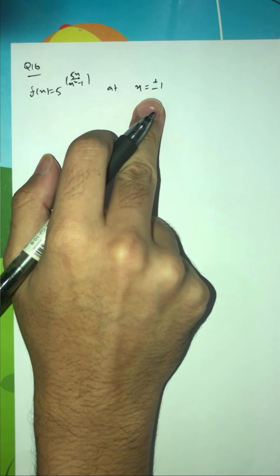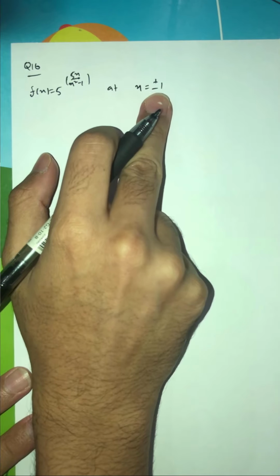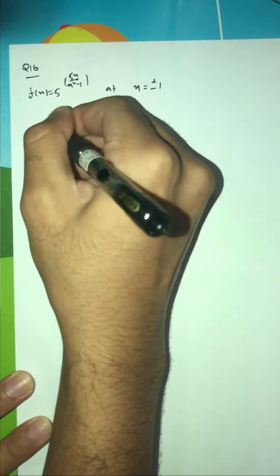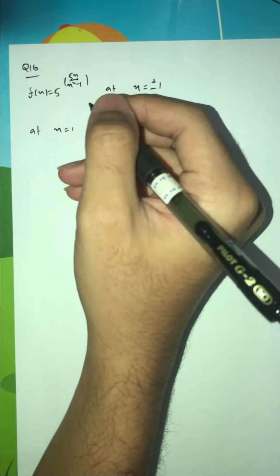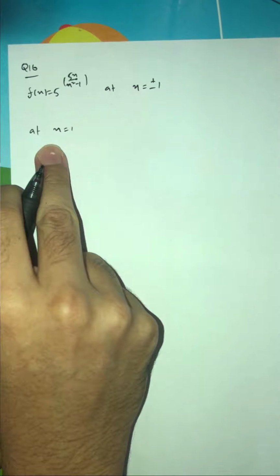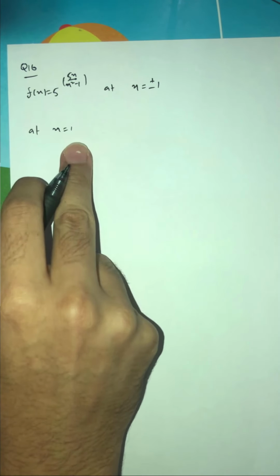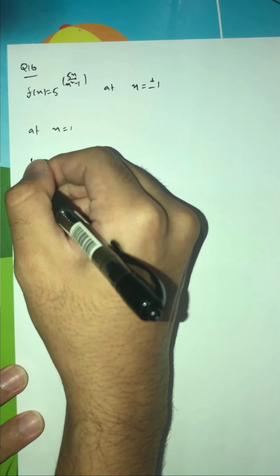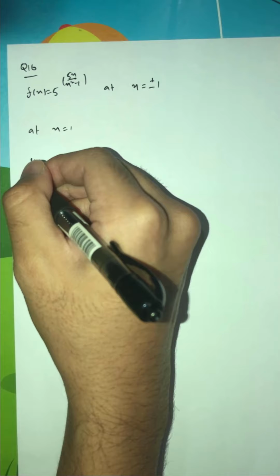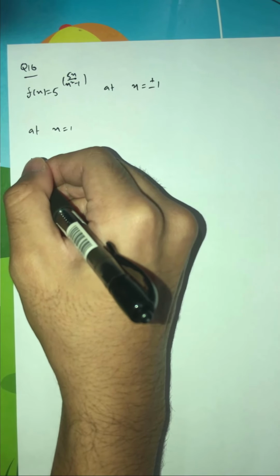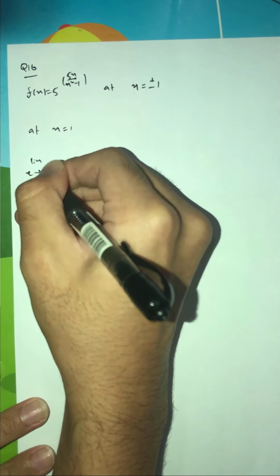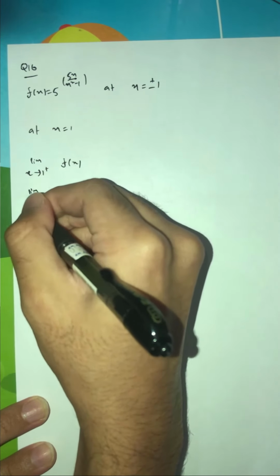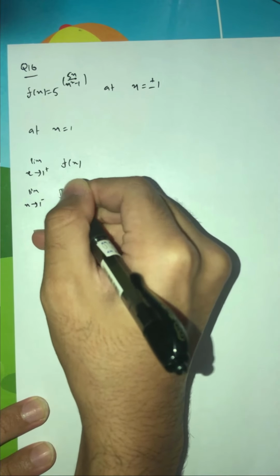Basically, you need to solve it two times. First is at x equal to 1, and the second time is at x equal to negative 1. So at x equal to 1, you find the limit as x approaches 1 of this function. You need to find from the left first: limit as x approaches 1 positive of f(x), then limit as x approaches 1 negative of f(x).